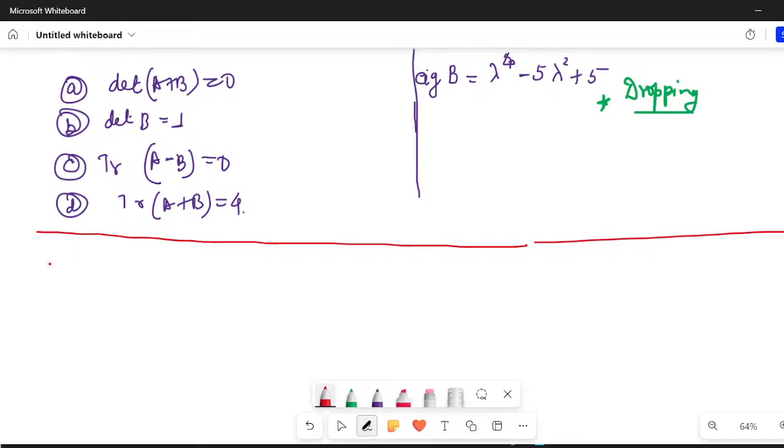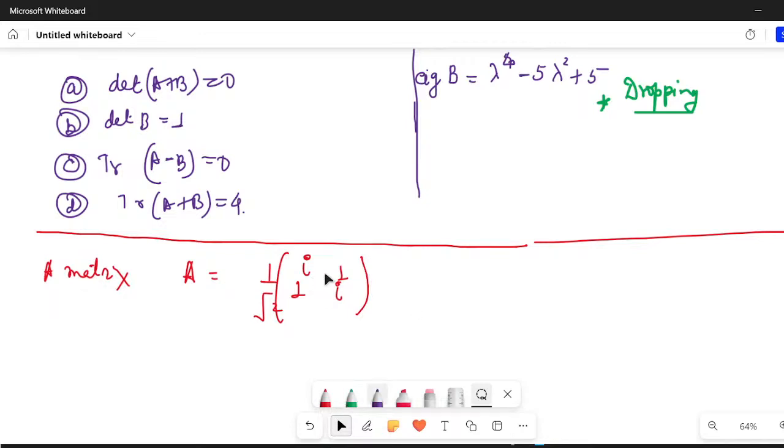So for example, if the matrix A is given to you as 1 upon root 2 times the matrix iota 1, 1 iota.